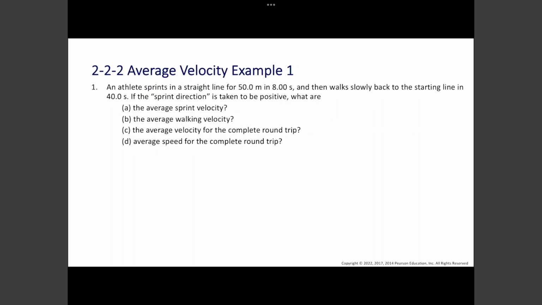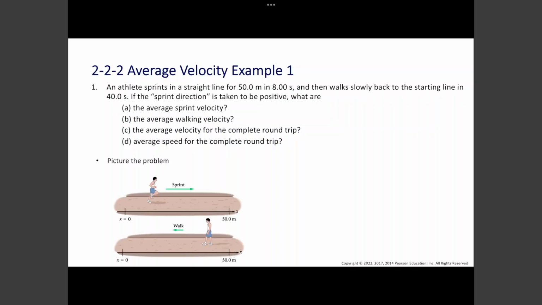Before solving, let's picture the problem. The athlete first sprints in a straight line for 50.0 meters in 8.00 seconds and then walks back to the starting line in 40.0 seconds. Now let's mark the known parameters.